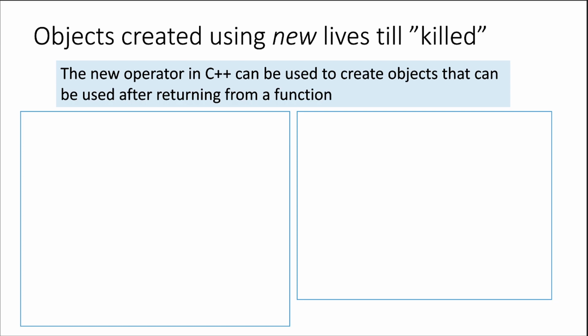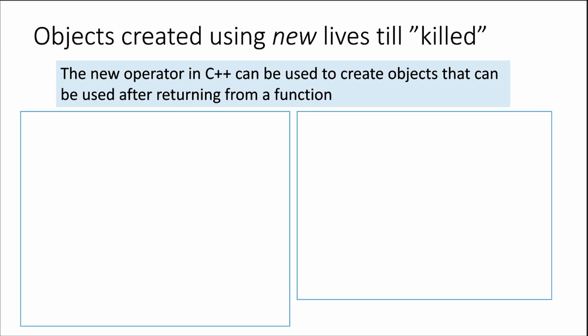Coming to this slide, it says objects created using new live till they are killed. That is, objects created using the new operator live till it's killed, that is, till you say delete or destroy or free, whatever you call it.